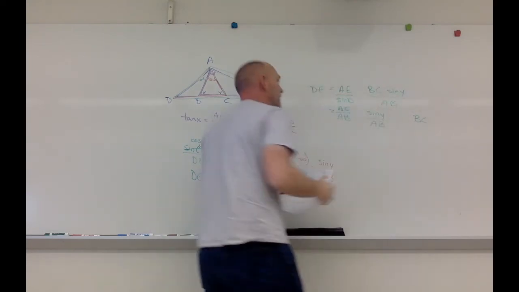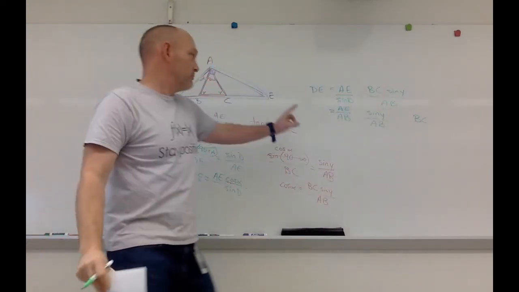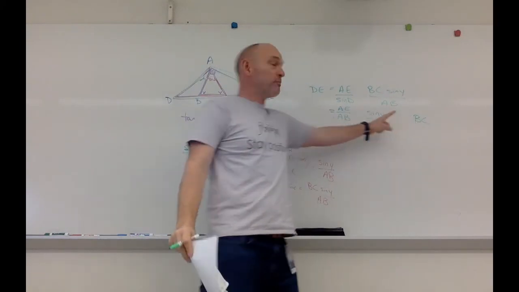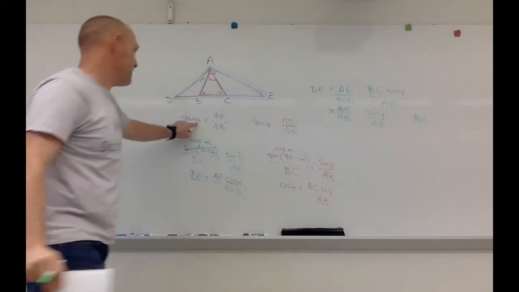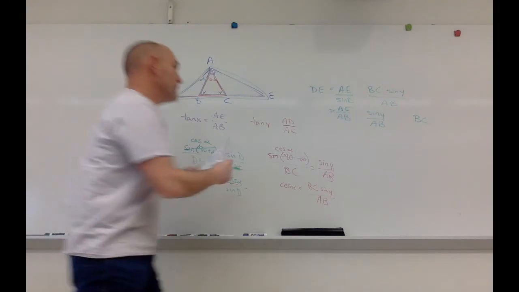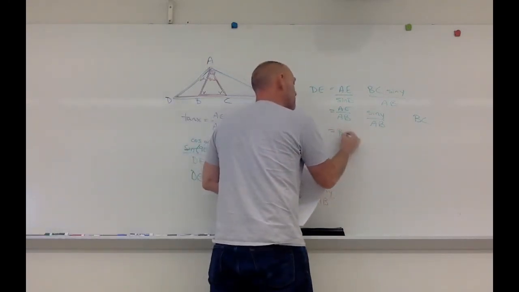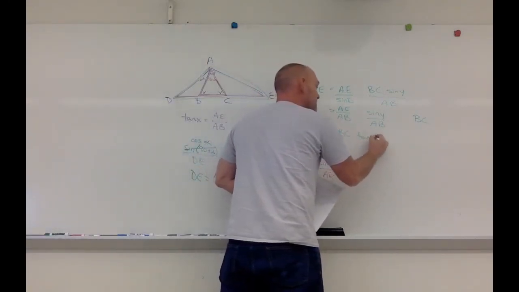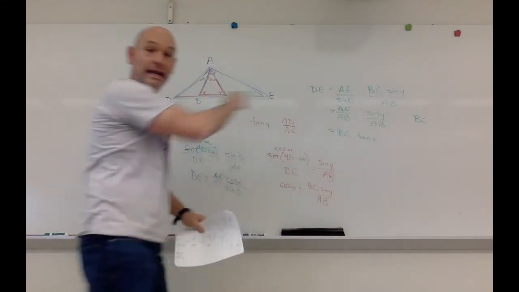So I just kind of broke it up: the BC on its own, because that's part of what I'm trying to prove. The AE over AB, that's the tangent of x. So I'm making some great progress here. I have the BC I need. I have the tangent of x I need. Now I need to turn that into the tangent of y.